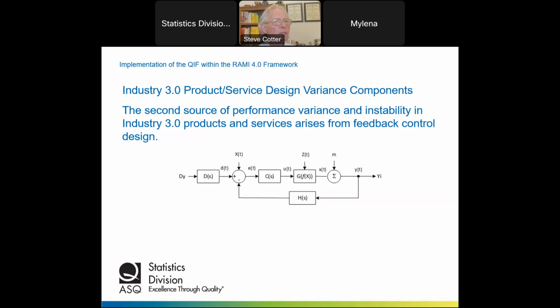The integration of dt, xt, and hs feedback at the integrator point here produces the resultant et control. That's fed into the control actuator CS, resulting in control action UT.